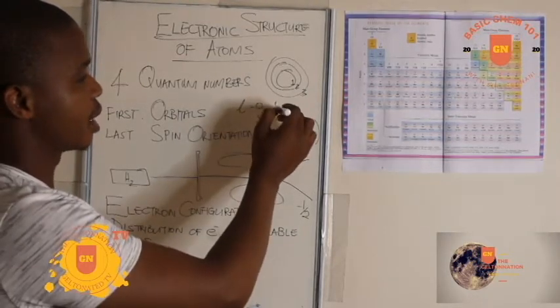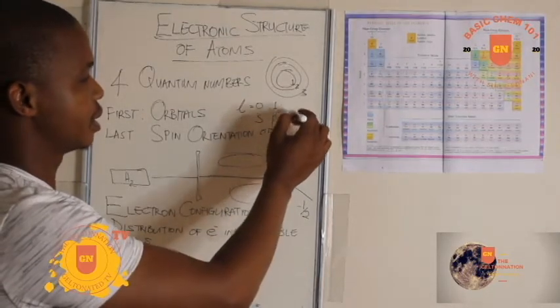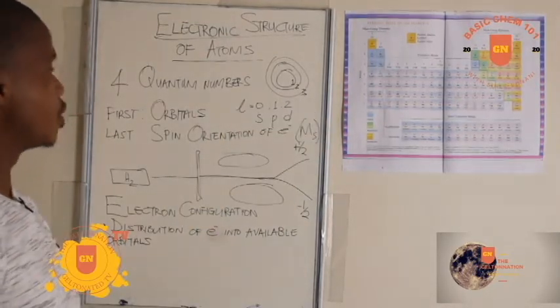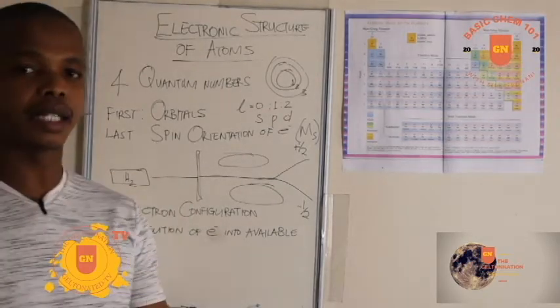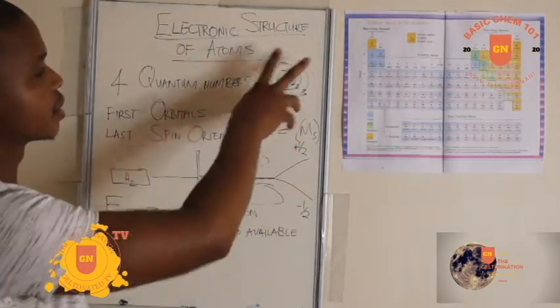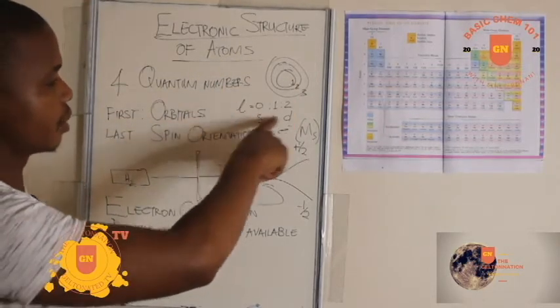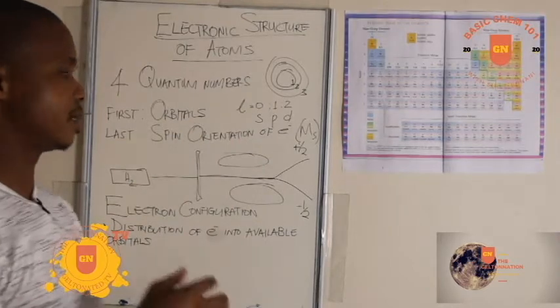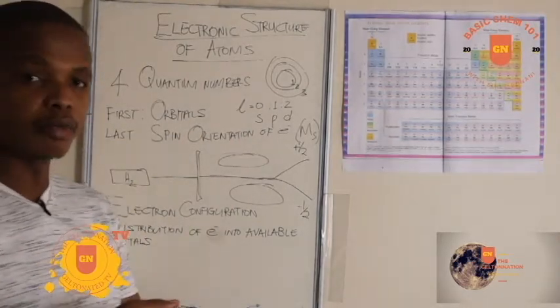When it is 1, you have a subshell which is p. And then you have d. So you want to know how the electrons in your element are distributed in the shell and also in the subshell. Is it your s, your p, or your d orbital?